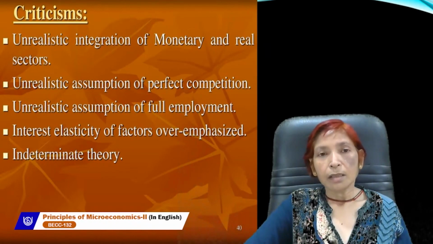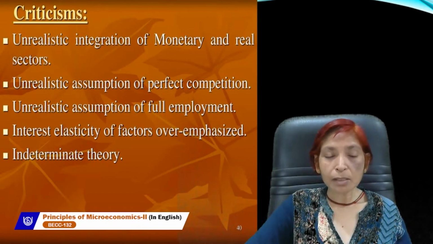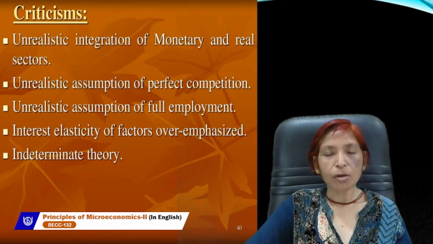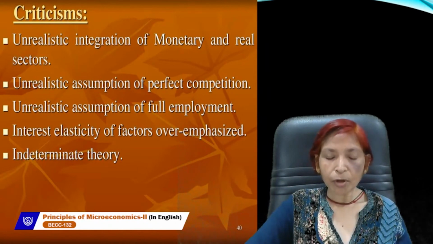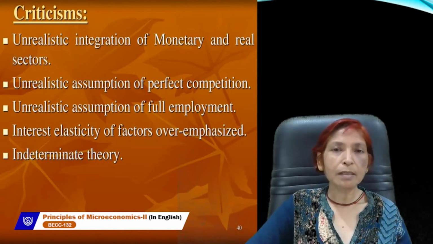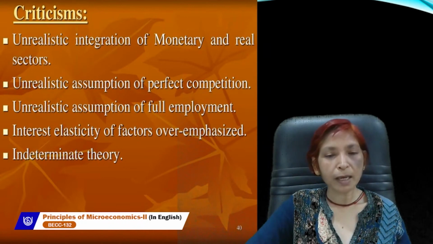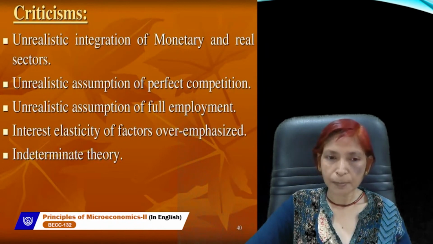Next, the assumption of full employment is also an unrealistic assumption because full employment can't be achieved, and according to Keynes, at the level of full employment, 5 to 6% unemployment may exist. That type of unemployment is called the natural rate of unemployment.